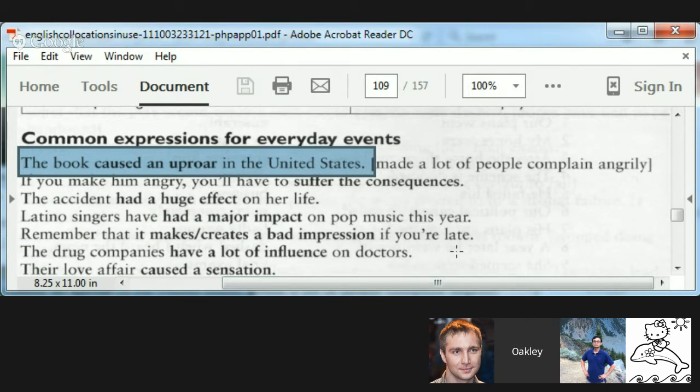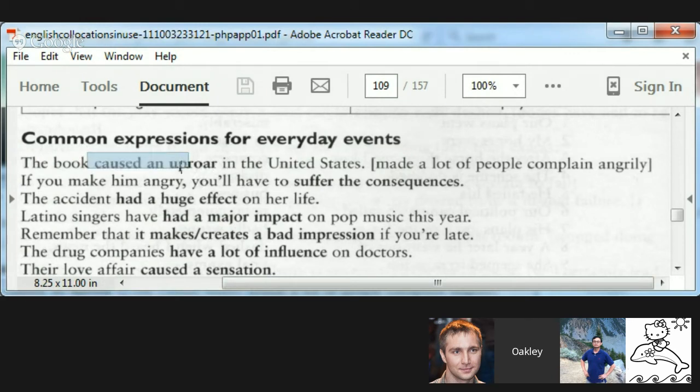Okay. What's an uproar? Upward direction. No, not what's up. It's uproar. Like a strong, very sensational reaction. Yeah. Okay. An uproar. It's hard not to confuse.